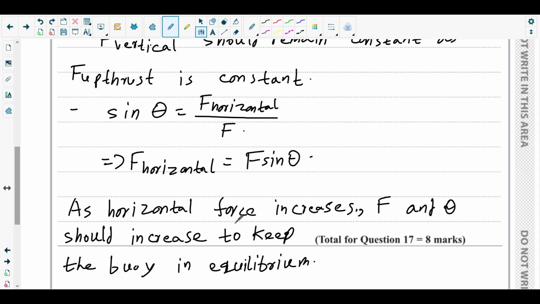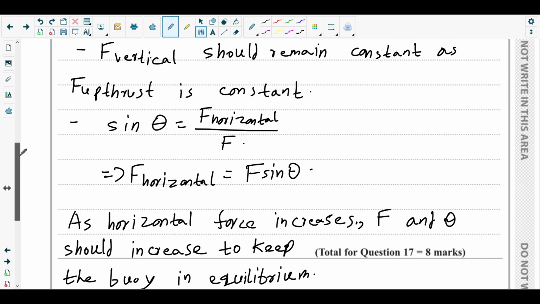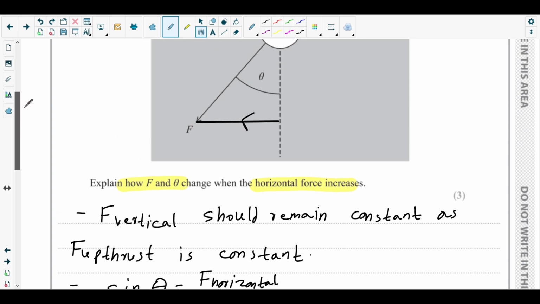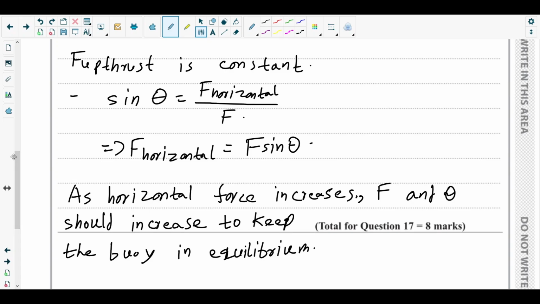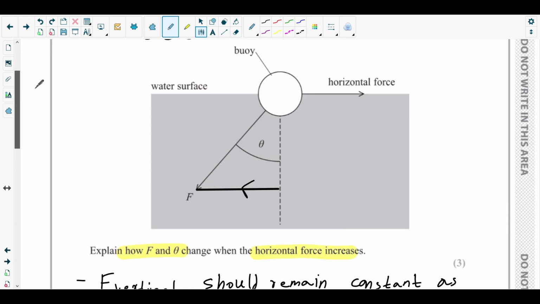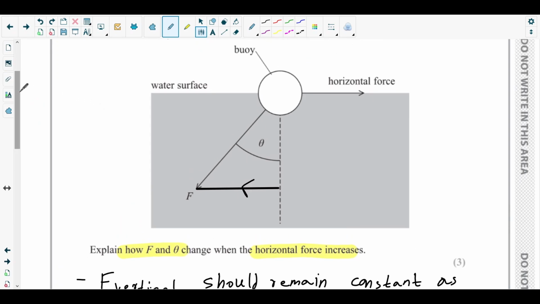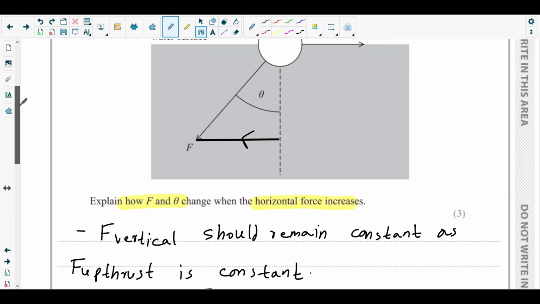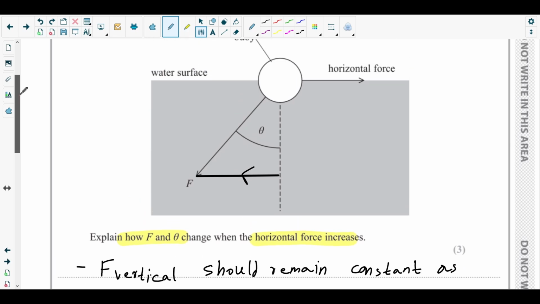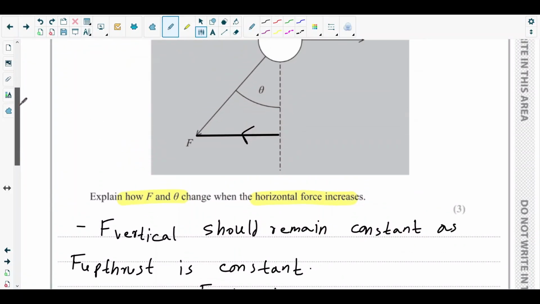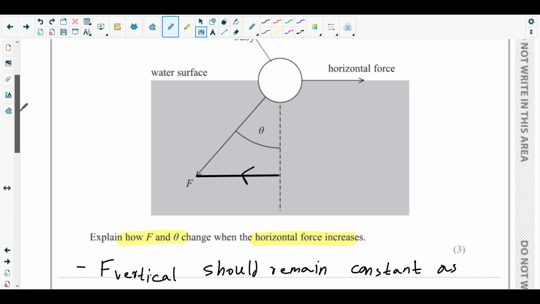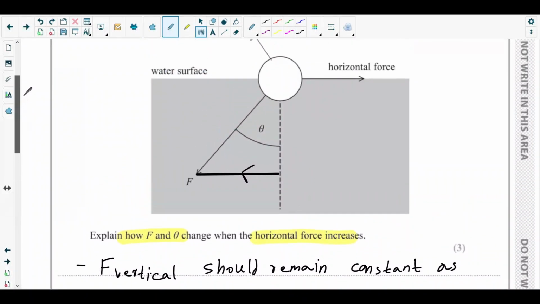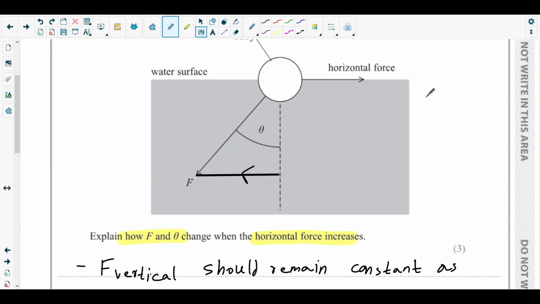Now there's a concern. Horizontally it is fine. If the horizontal force increases, then F and theta should increase to keep the buoy in equilibrium. But if theta changes, the vertical component of force F will get affected, right?